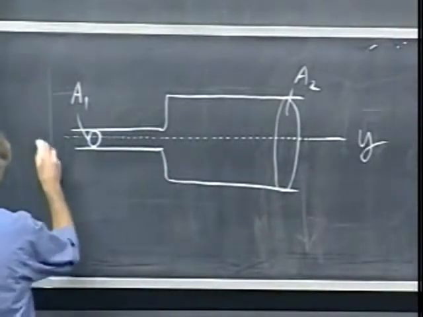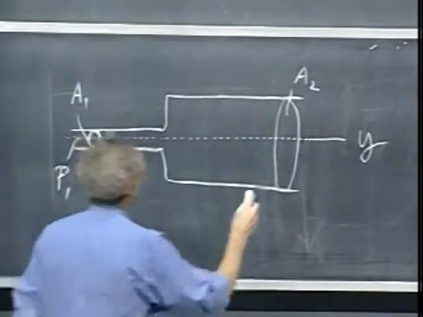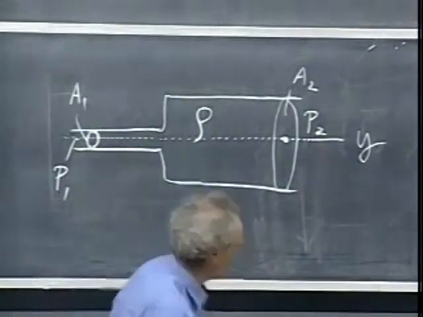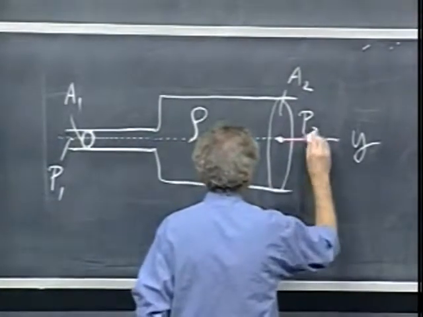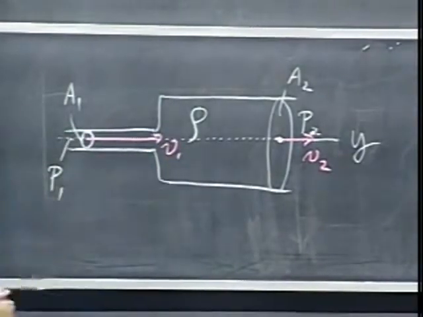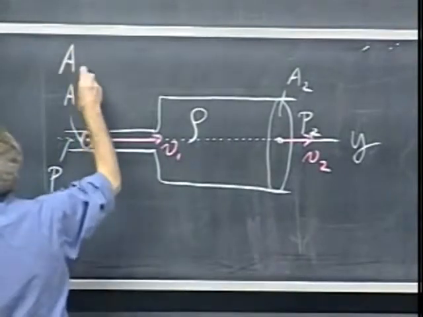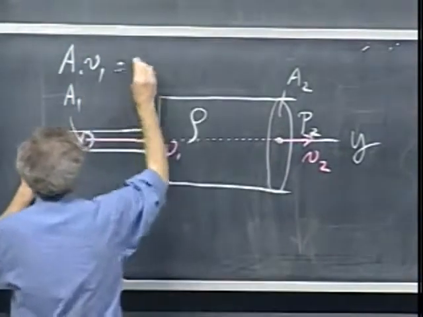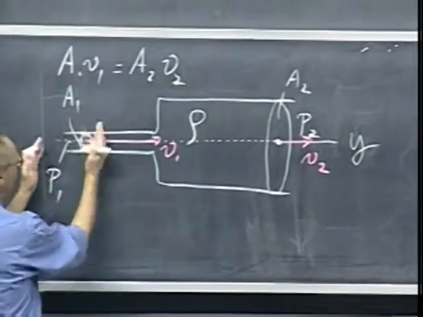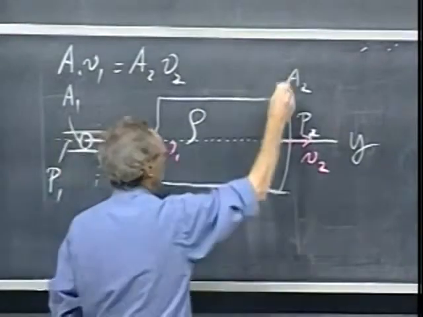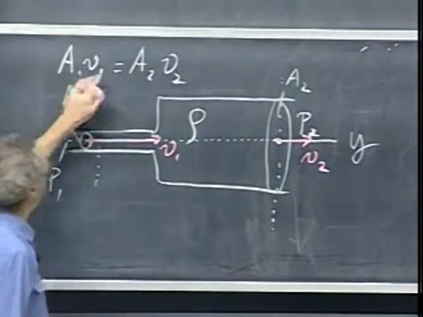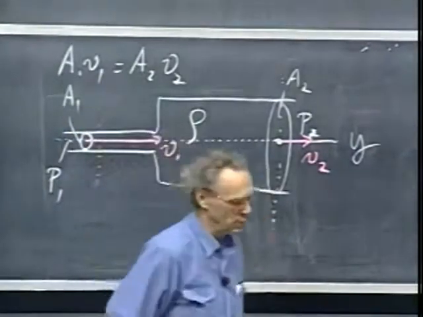I have here inside pressure P1, and here inside I have pressure P2, and this is the density of the fluid. There is here a velocity V2, and there is here a velocity V1. And clearly V1 is way larger than V2, because A1 times V1 must be A2 times V2, because the fluid is incompressible. So the same amount of matter that flowed through here in 1 second must flow through here in 1 second. And so these have to be the same. Since A1 is much smaller than A2, this velocity is much larger than V2.